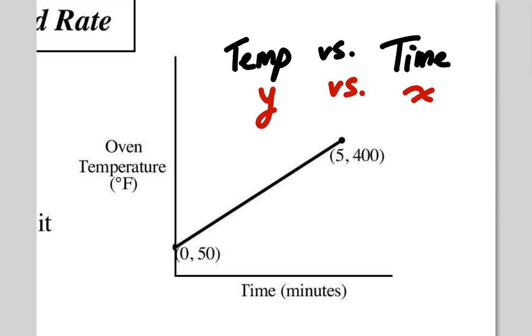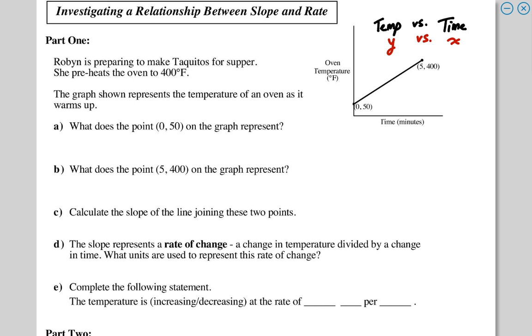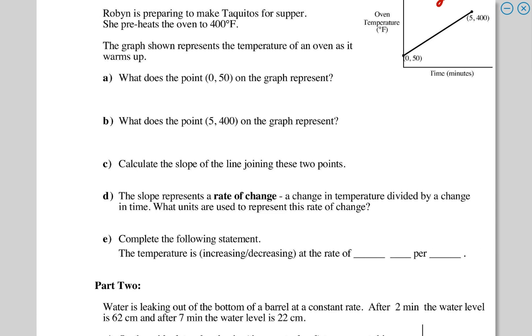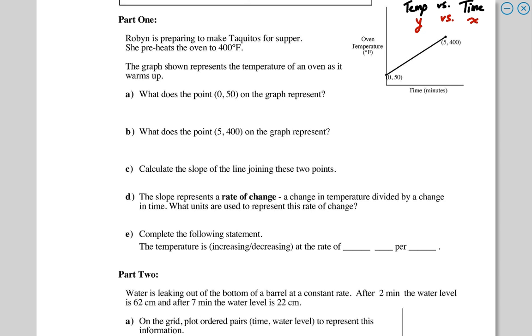So let's take a look at this investigation. What does the point (0, 50) on the graph represent? Taking a look at part A. Read it, the first coordinate first. 0 is time, and 50 is temperature. Good. So what does it mean to have a 0 time? You haven't started yet? Good. So we call that the initial value.